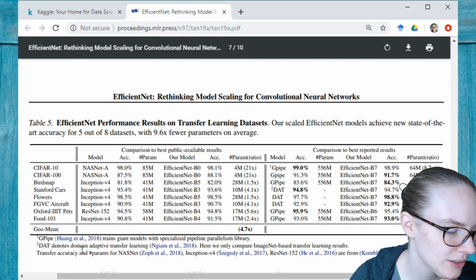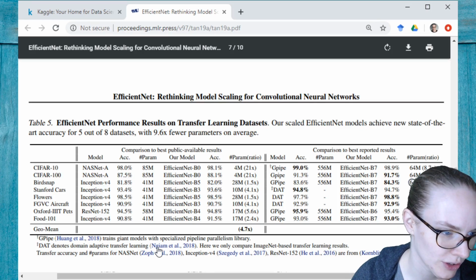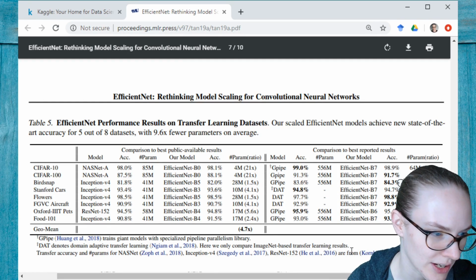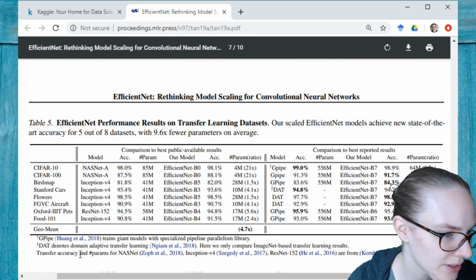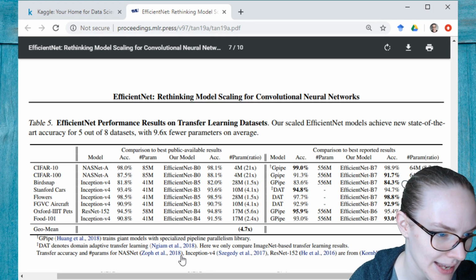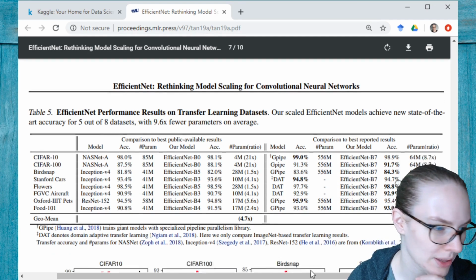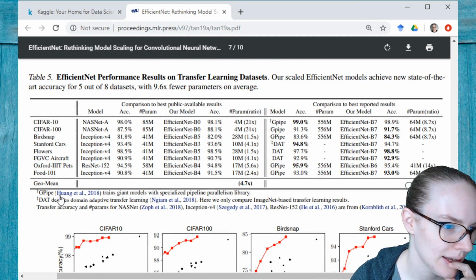DAT denotes domain adaptive transfer learning, Ngiam et al. 2018. Here we only compare ImageNet-based transfer learning results. Transfer accuracy and number of parameters for NASNet, Inception v4, ResNet, and all of those are from Kornblith et al. 2019.